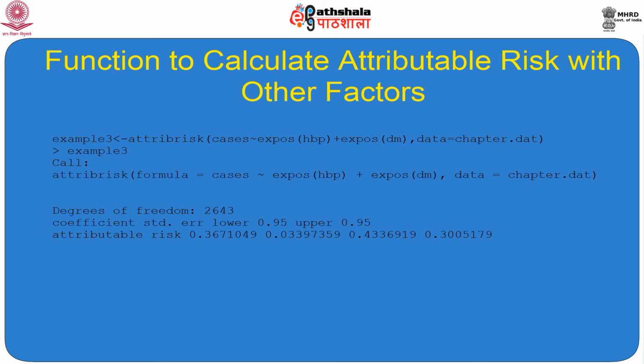The function attributable risk for cases follows exposure of HBP plus exposure of DM, with data equals chapter.dat. When we call example 3, as a result we get an attributable risk of 0.36 with the corresponding confidence interval.